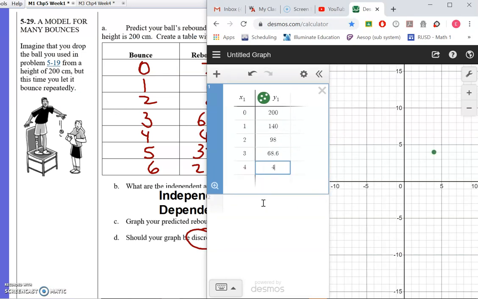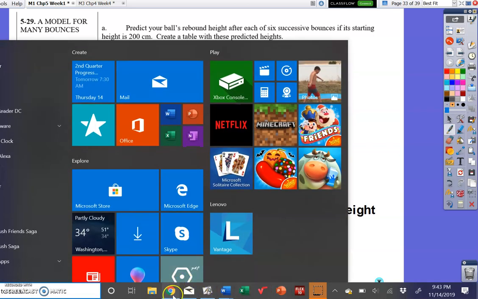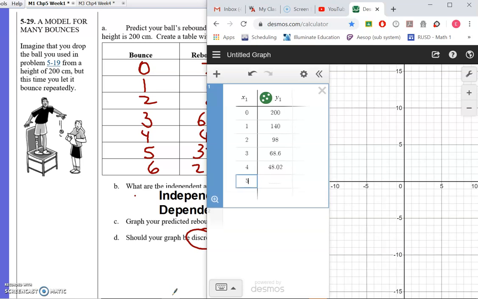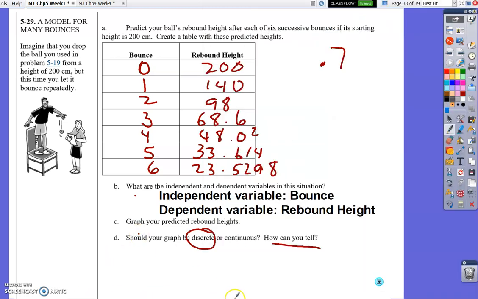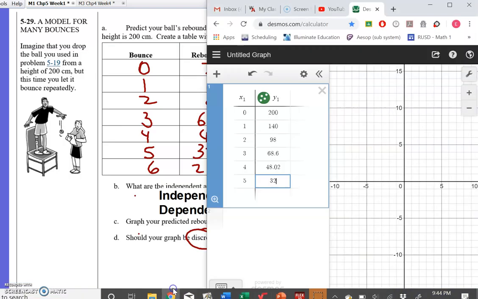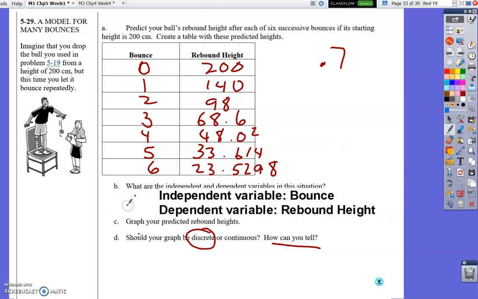4, 48.02. 5, 32, I think. Nope, 33.614. And last, 6, 22, 23.